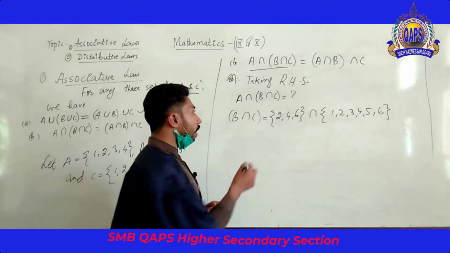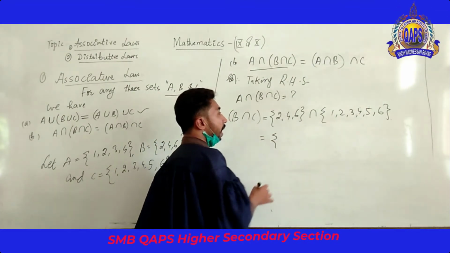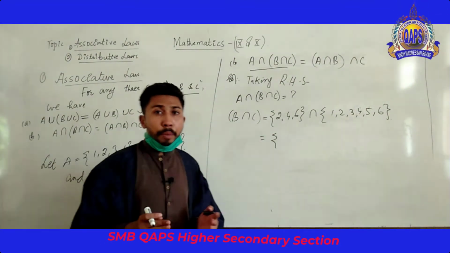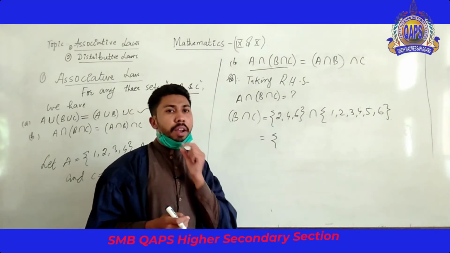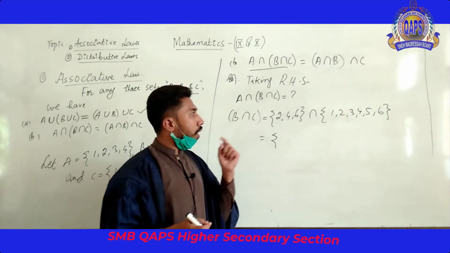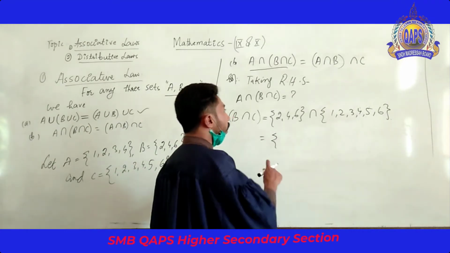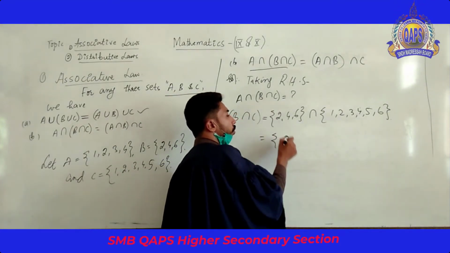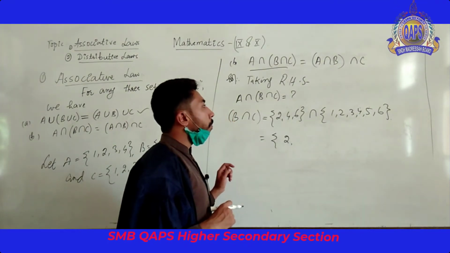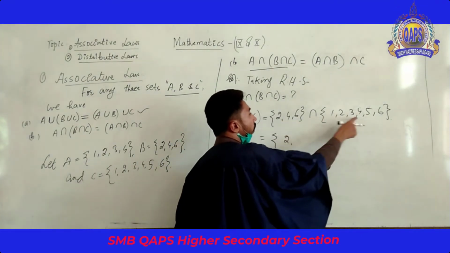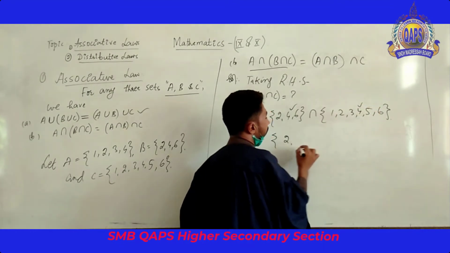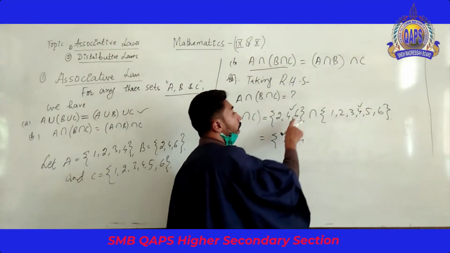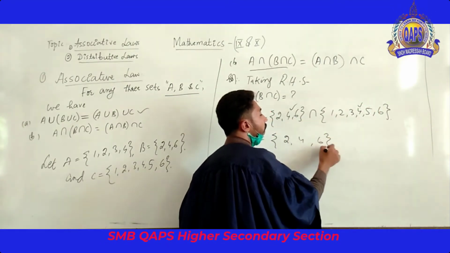So in intersection form, when both sets contain the same elements, we write those elements. Here 2 is in both sets, so 2 is shown a single time. Then 4 is in both sets, and 6 is here too.